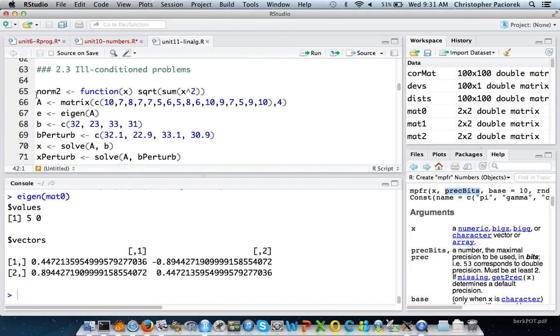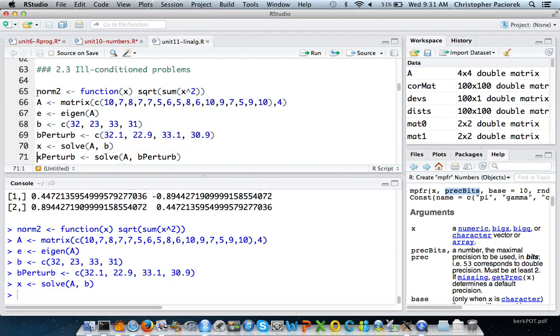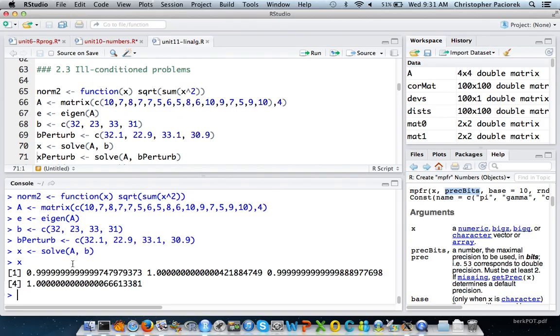okay, so I have a little function norm 2 that calculates the length of vectors. And I've got my matrix A, my matrix B, my perturbed matrix B, and I'm going to find x by solving this system of equations, and I see that the answer up to numerical precision is indeed 1, 1, 1, 1. Okay.